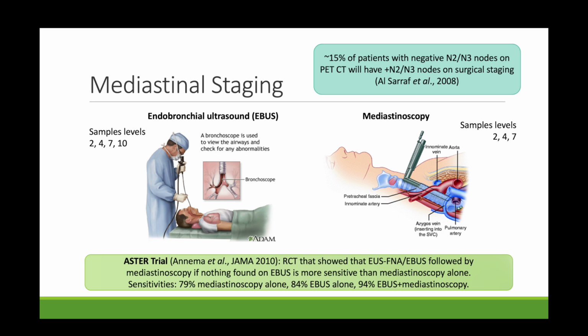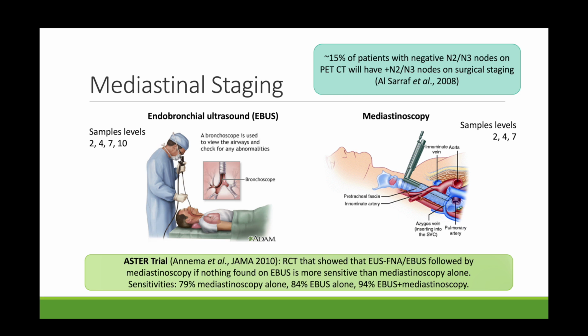So this is a little bit more invasive, and it only samples central nodes, so levels 2, 4, and 7, and doesn't access the hilar nodes. This method also allows for us to obtain some frozen sections at the time of the procedure, and oftentimes mediastinoscopy is reserved for possible restaging and not used up front.